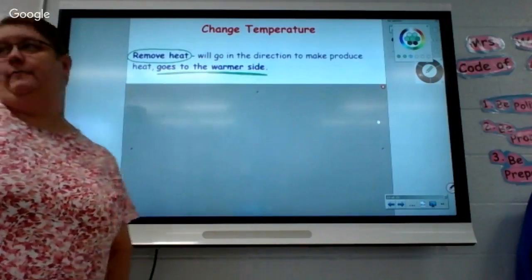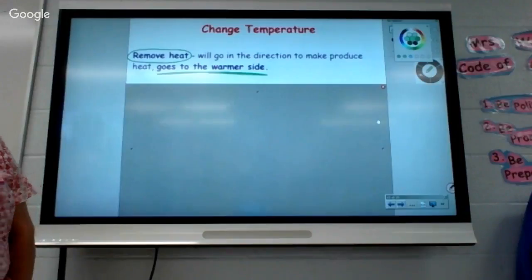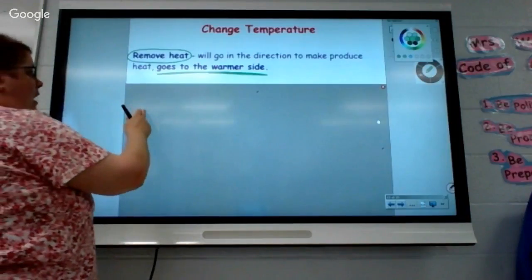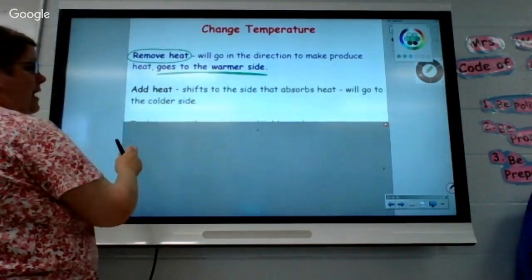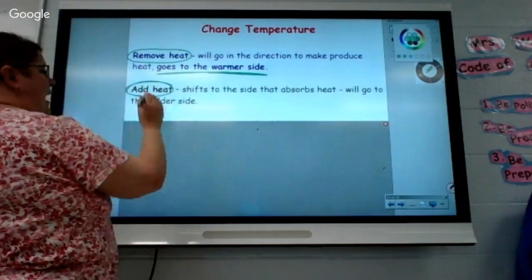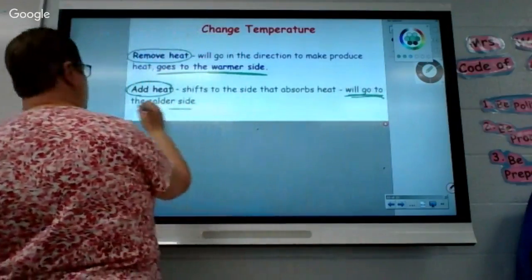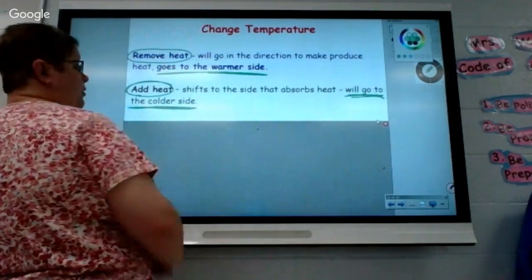Anytime we remove heat, it goes to the warmer side. So the opposite of that, which I forgot to bold, by the way, this should be the bolded side: we add heat, the part I'm underlining is the bolded part. It will go to the colder side.